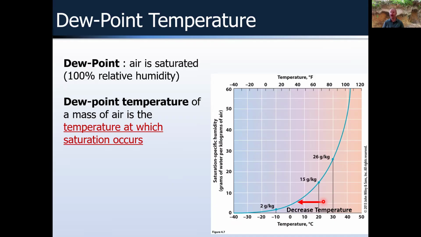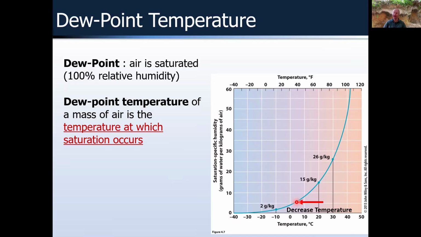A couple things can happen. Temperature changes, which happens every single day in most places, sometimes a lot, sometimes a little, and also seasonally. Here, if we were sitting at about 24 degrees Celsius and it cooled down to about 5 degrees Celsius, you could reach the dew point temperature at my cursor.